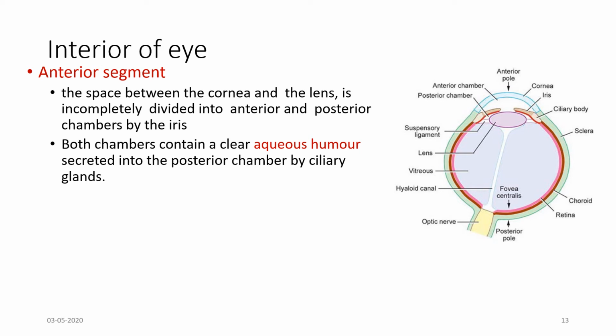Coming to the interior of the eye, the anterior segment is the space between the cornea and the lens, and it is incompletely divided into an anterior and a posterior chamber by the iris. Both the chambers contain the aqueous humor secreted by the ciliary processes.